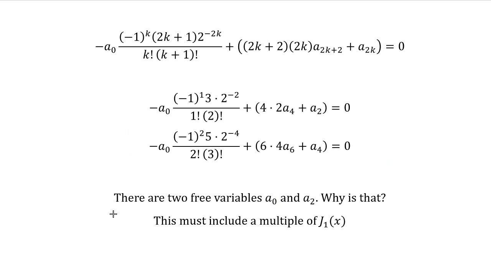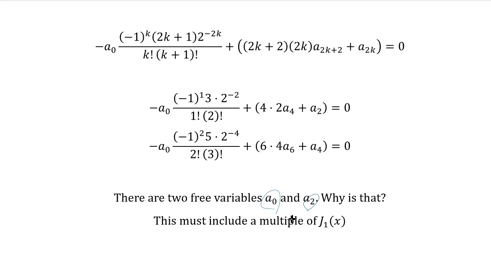But the answer is simple. Because we're trying to solve a second-order differential equation, and a second-order differential equation can have at most two free variables. Having two free variables means that just continuing this will actually give you all the solutions, okay?